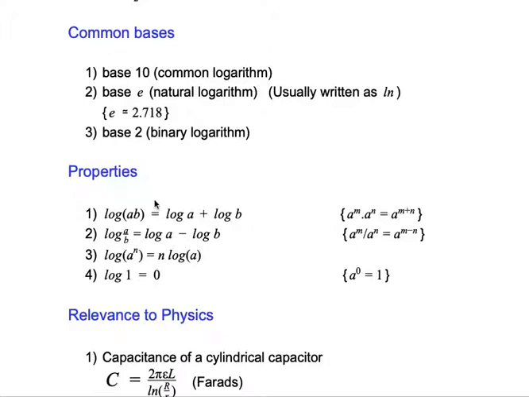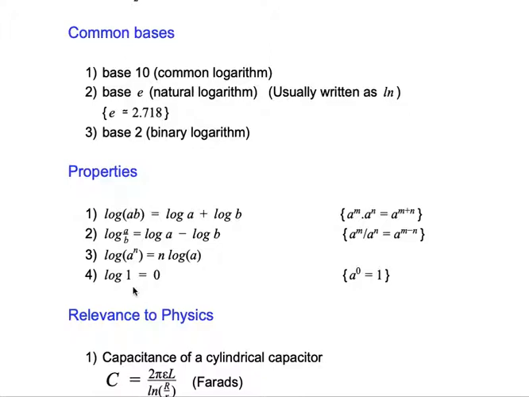In that case, we will have log of a into a, which is log of a square. So that should equal, by definition, log a plus log a. Now log a plus log a is nothing but twice log a, which you can get even from this formula, where n will equal 2, so we'll get 2 times log a. And you can repeatedly do this. You can prove it using the principle of mathematical induction in general.